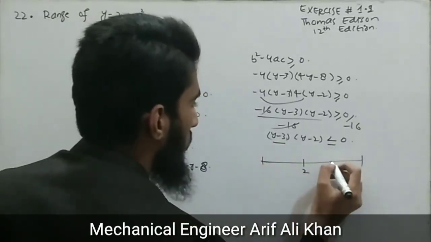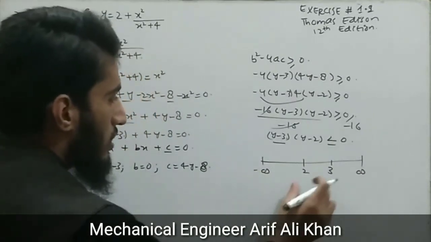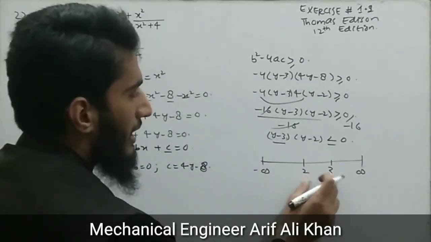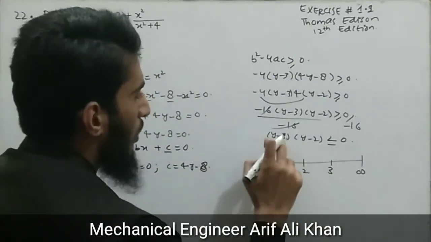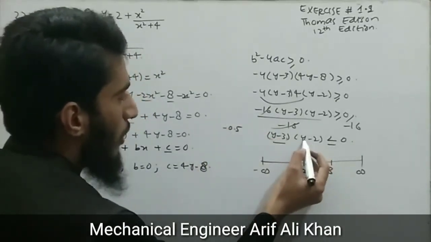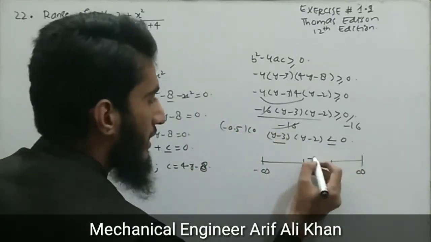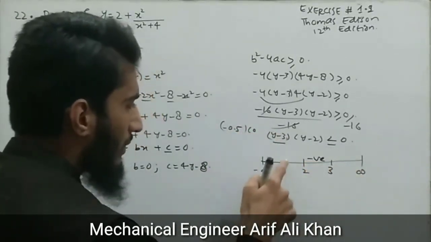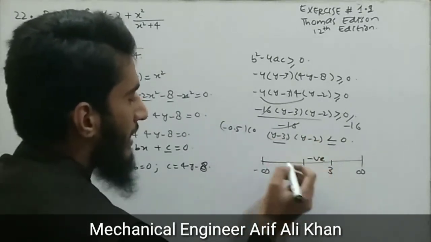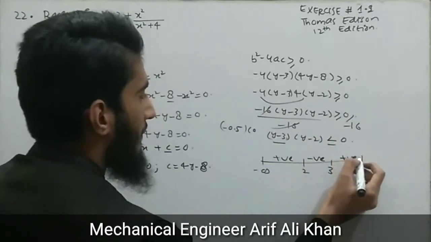So over here I take 2, over here I take 3, over here positive infinity, and over here negative infinity. In this interval, if we put, let's suppose, 2.5, then 2.5 minus 3 gives us minus 0.5, and 2.5 minus 2 gives us 0.5. So the result will be negative. So in this interval it gives us negative. In this interval, let's suppose I put 3, it gives us 0. And in this interval, let's suppose I take 4, it gives us positive.